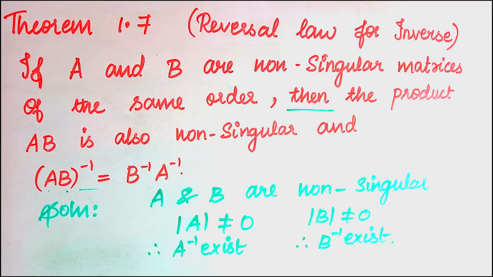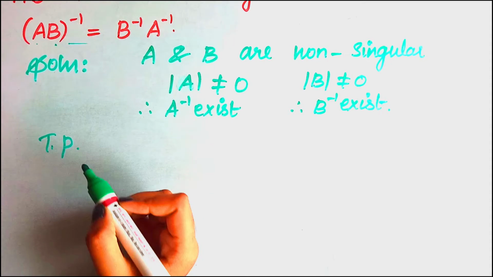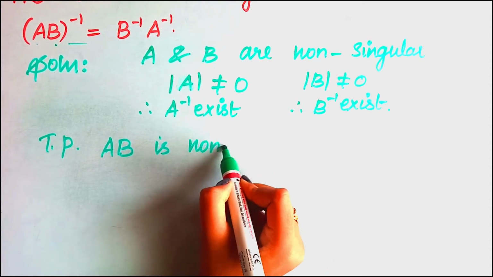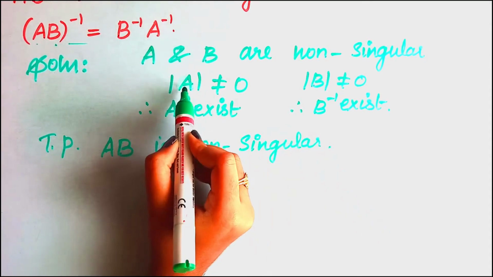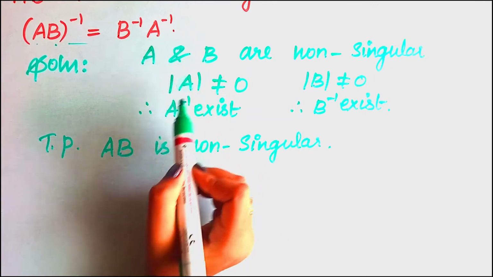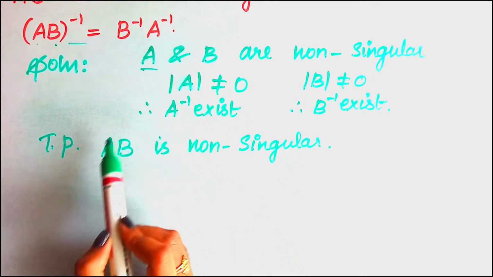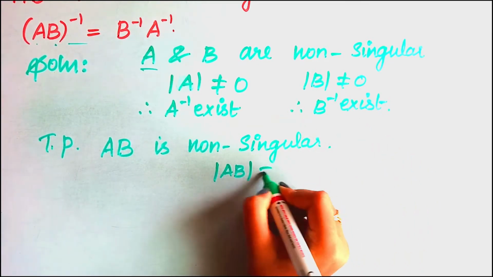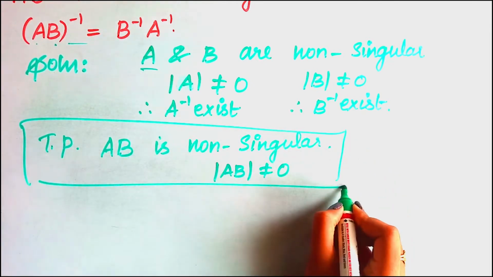First, we have to prove that the product AB is non-singular. What's the condition of non-singular? Here the matrix is AB, so you have to take the determinant of AB is not equal to 0. This is what you have to prove.